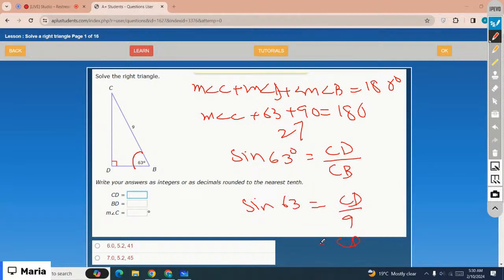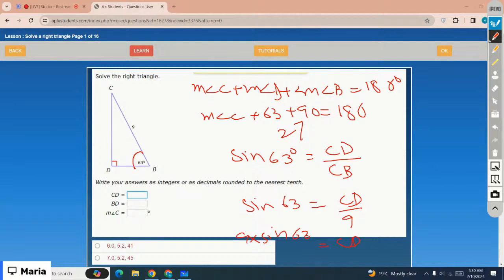So you need to do CD equals 9 times sine 63, right? Sine 63 equals 0.8910.